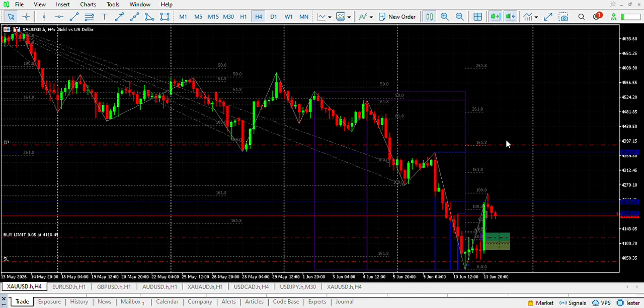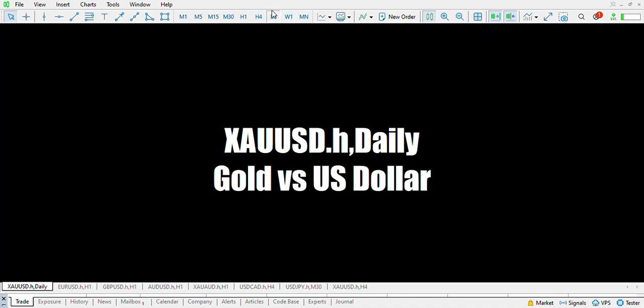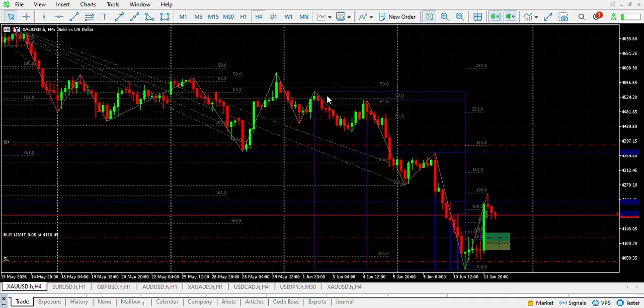If it gets to this point and closes above this point on my 4 hour, that simply means the 4 hour has aligned with the daily, the weekly, and the monthly. Because we all know that the weekly is a buy, daily is a buy, just the 4 hour is a sell. So if it breaks and closes above this, fantastic.